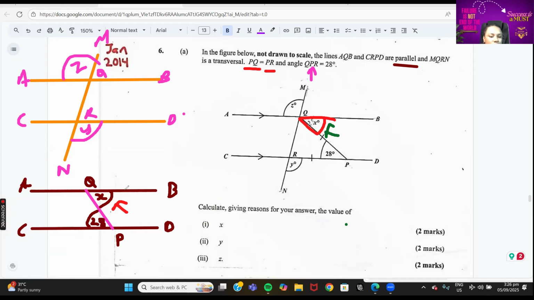The X is forming a Z with the 28. Or in other words, the X is alternate to the 28 degrees. So that means X and the 28 degrees are equal.